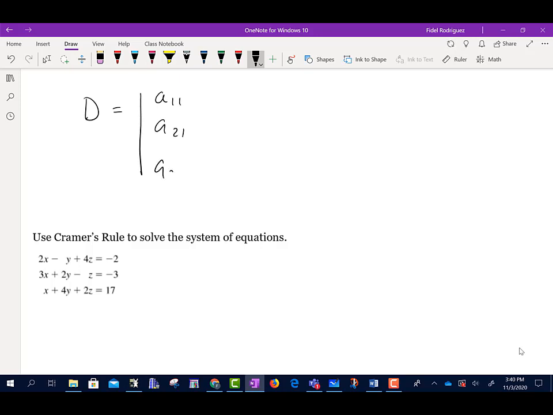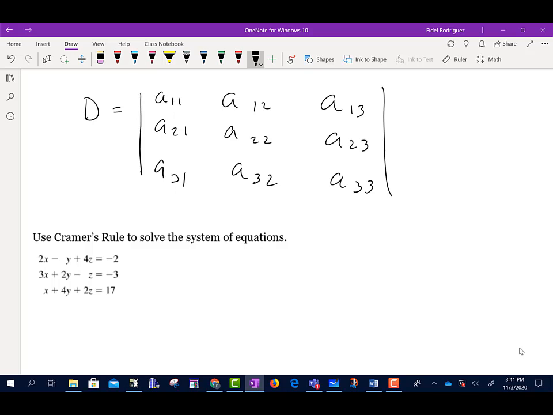A11, A21, A31, A12, A22, A32, A13, A23, and this is A33.